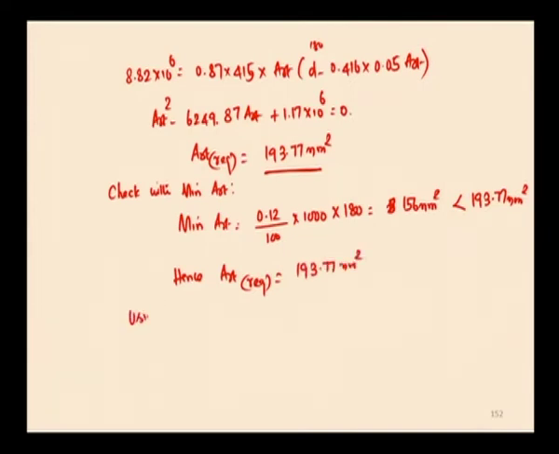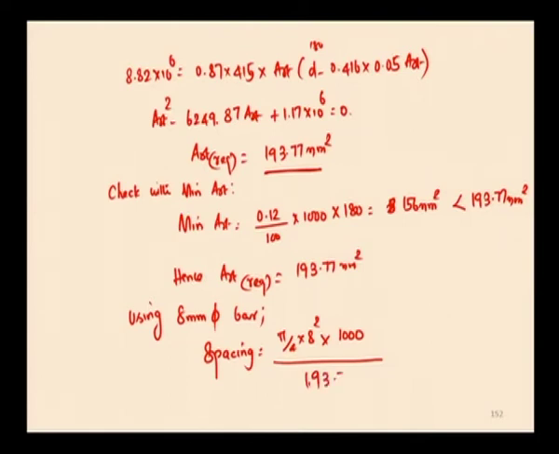I am using 8 mm diameter bar, and then finding the spacing of reinforcement: pi by 4 into 8 square into 1000 divided by 193.77, that is equal to 260.21 millimeter.